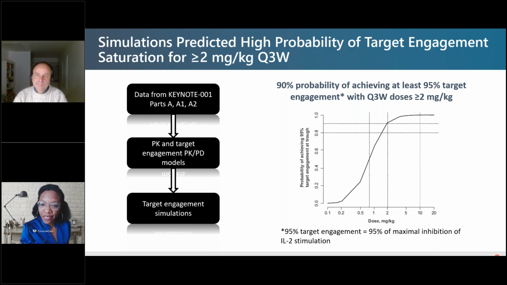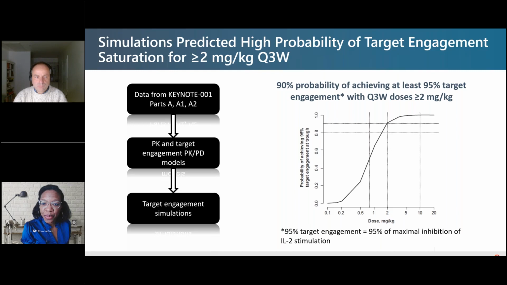So 95% target engagement represents basically 95% of maximal IL-2 stimulation inhibition at trough. And the probability of achieving it is basically just the simulated probability of subjects that are predicted to reach this target engagement level. And we see that the simulations were done across a dose range of 0.1 to 20 milligrams per kilogram every 3 weeks, shown here.